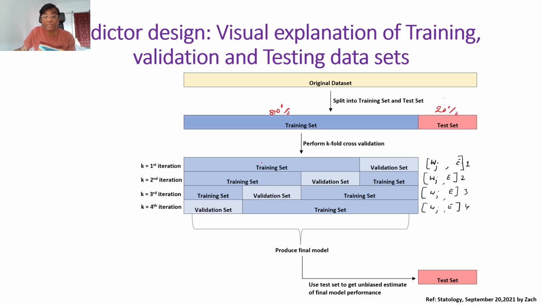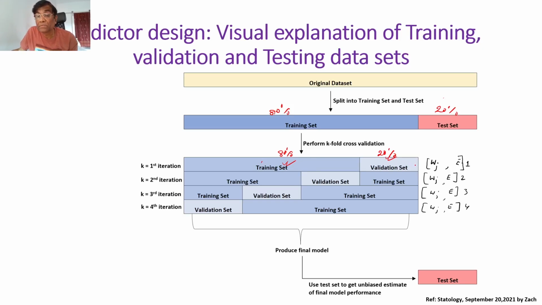Now within this 80% data itself, I again keep say 80% of 80% for training and remaining 20% for validation. That means if you are having 100 data, 20% of 80 means 16 data you will keep out of 80 for validation, remaining for training.